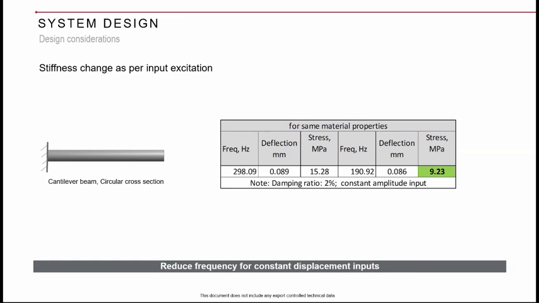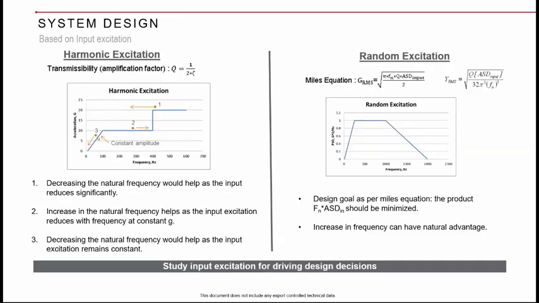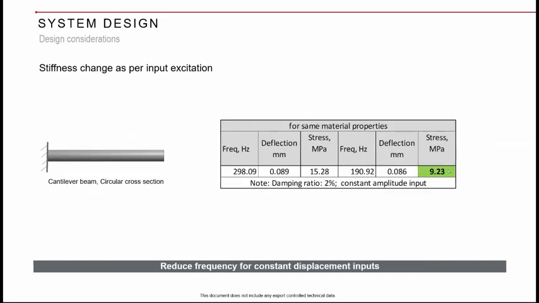Similarly, the next one, stiffness change as per input excitation, again the same point. For the same materials, for example, here, now with a constant amplitude input, this is about the third point which I am talking about. Now you see, I am just reducing the stiffness of the system.